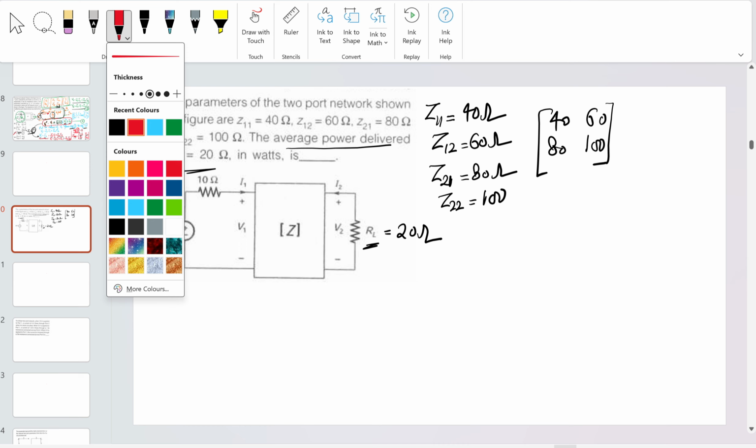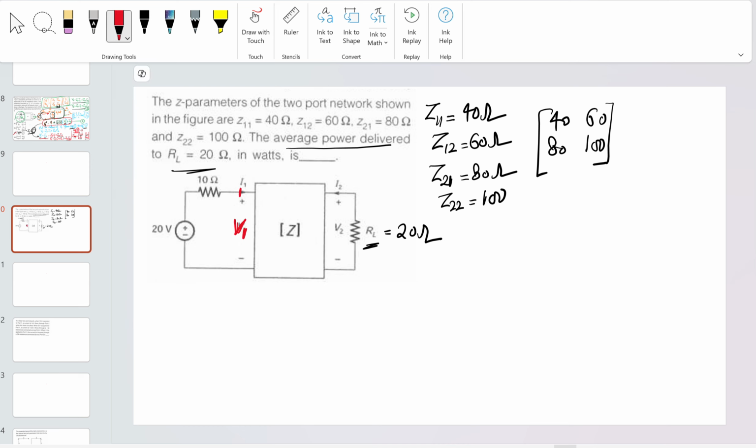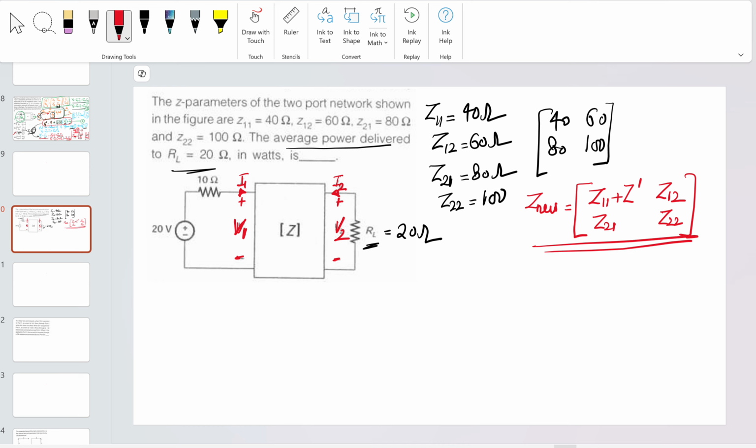This is V1 and the input current I1, and the plus-minus here is V2 and the I2 current injected into this. Remember from the last problem that Z new will have Z11 affected by Z dash, and Z12, Z21, Z22 will be the same. This is Z new, and it is a part of the hint.